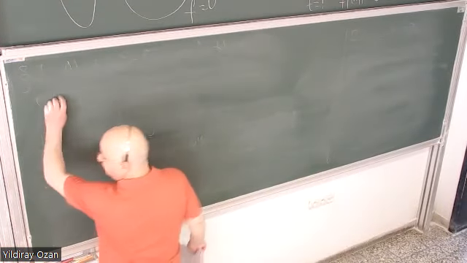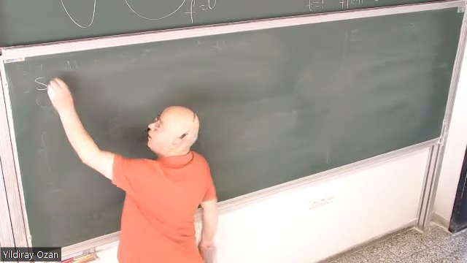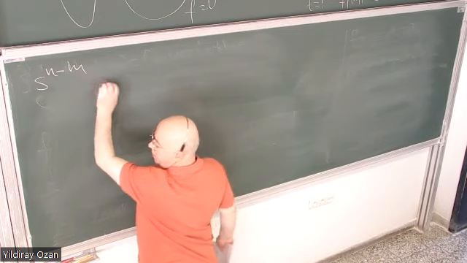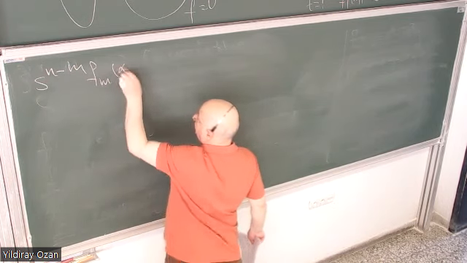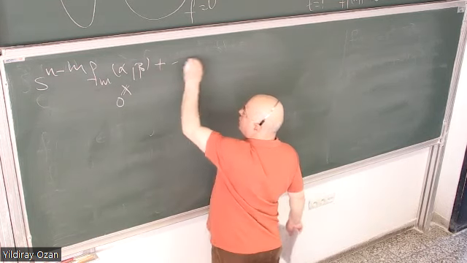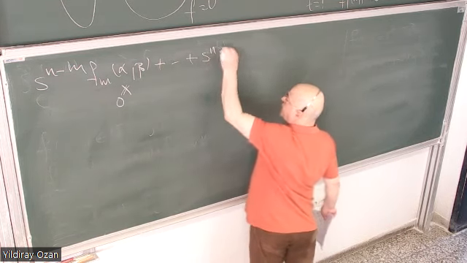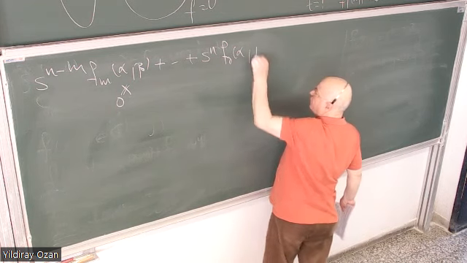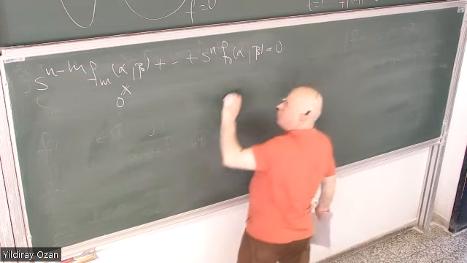Okay, so our equation became this: S^{n-m} F_m alpha beta. We know that this is not 0 by assumption, up to S^n F_0 alpha beta equals 0.